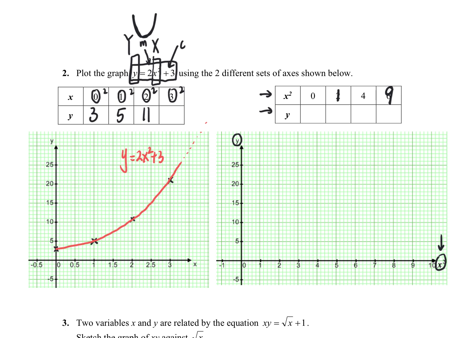But the y value doesn't change. So it's still 3, 5, 11, and just now that one was what? 21. So I plot the points now. So 0, 3, 1, 5, 4, 11. Okay, and then 9, 21.